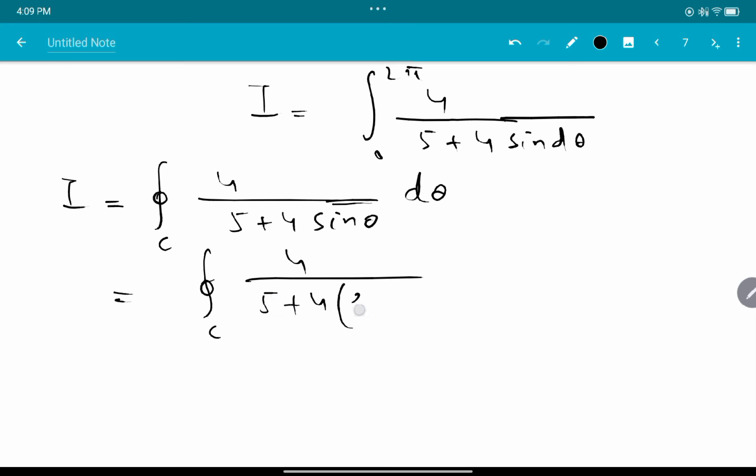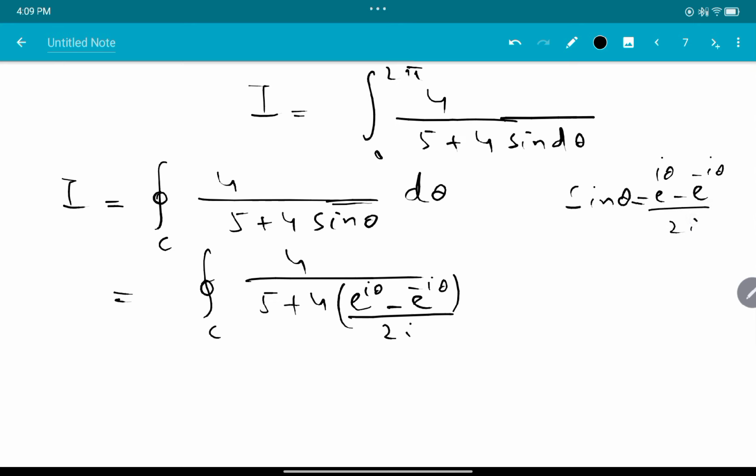In place of sine theta, I write e raised to I theta minus e raised to minus I theta divided by 2i, since sine theta is equal to that. Now d theta.